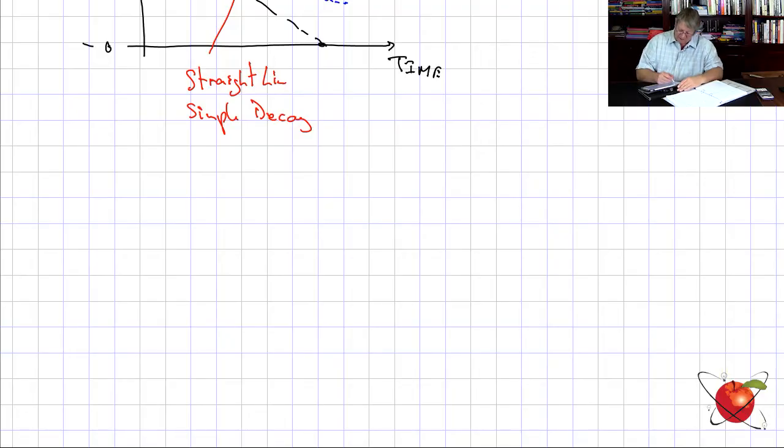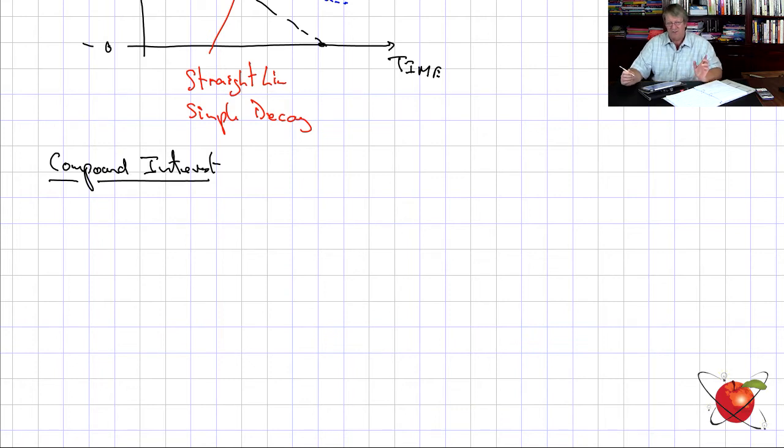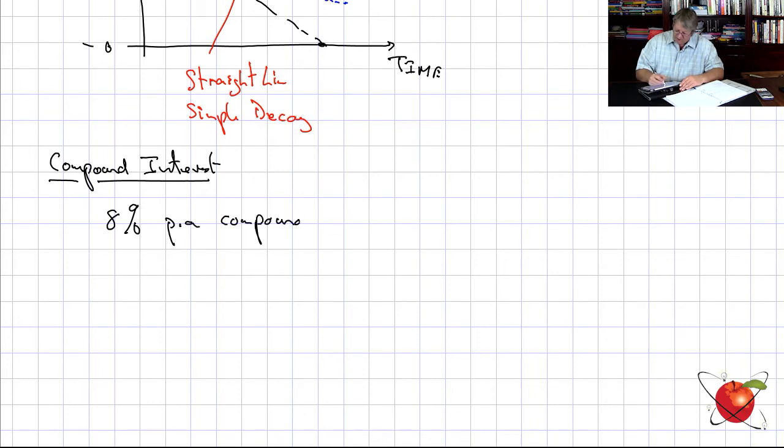Okay? Right, compound interest. Now let's look at this, because this section gets a little bit, how can I put it? It gets a little bit sort of weird if you don't follow what's going on here. And it's not too tough, because we say that we get, for example, 8% per annum compounded annually.